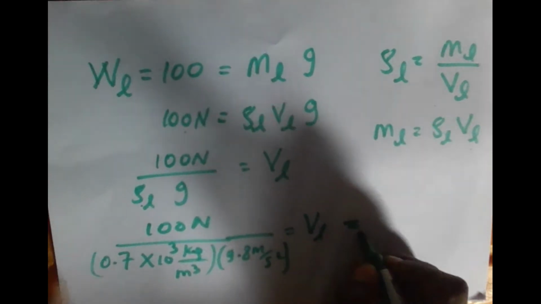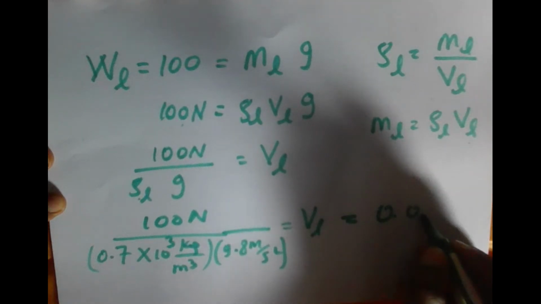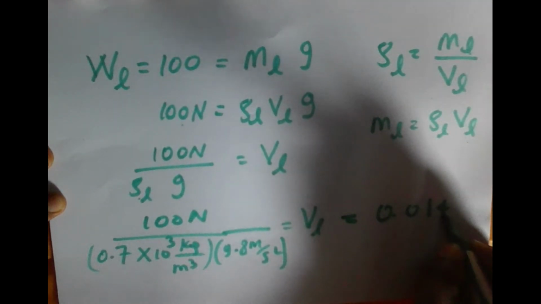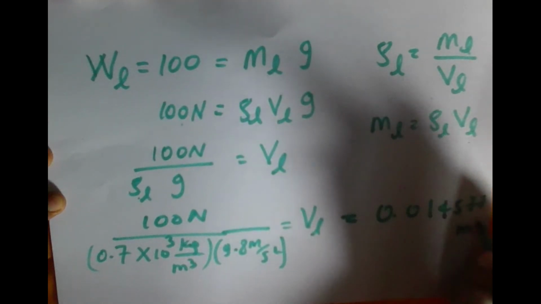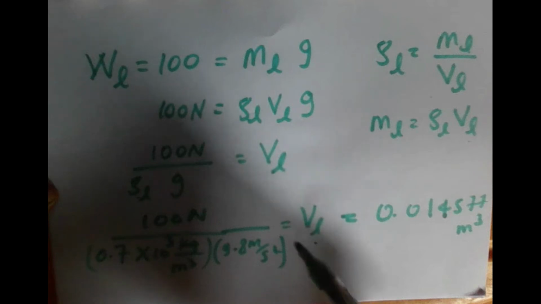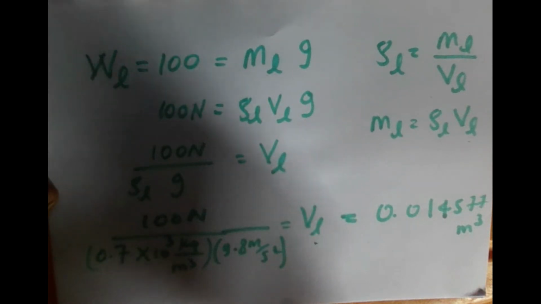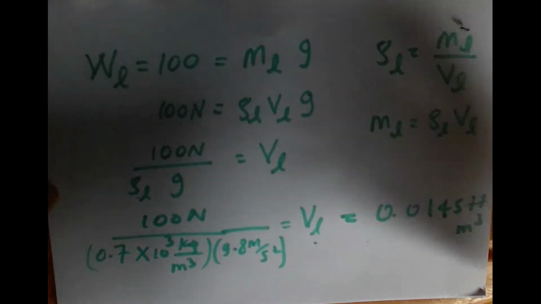So finally, the volume of the liquid will be equal to 0.01457 meter cubed. Now we have the volume of the liquid. The volume of the displaced liquid is equal to the volume of the object inserted into the alcohol solution.